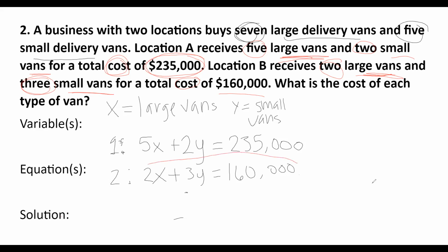We're going to be getting this equation in terms of x, and you can use your calculator. I actually encourage you to use your calculator because I did as well. So we had 2x plus 3y equals 160,000.